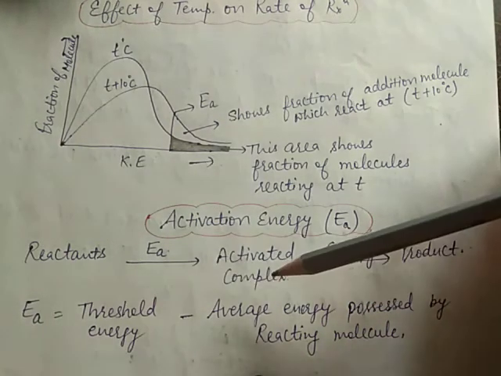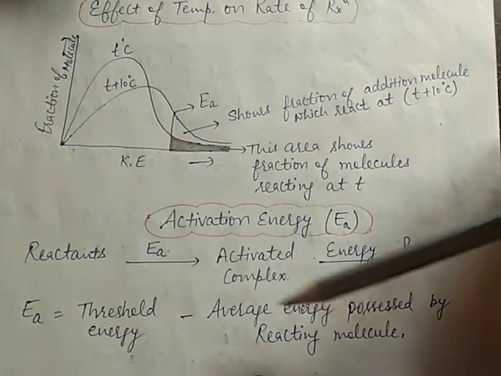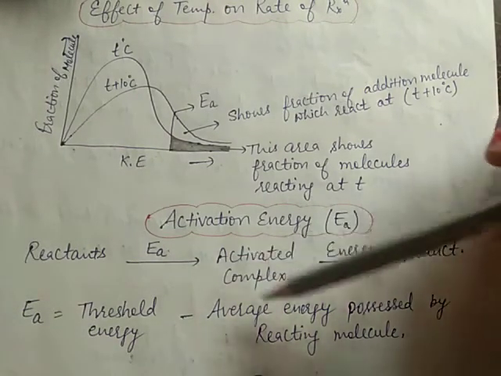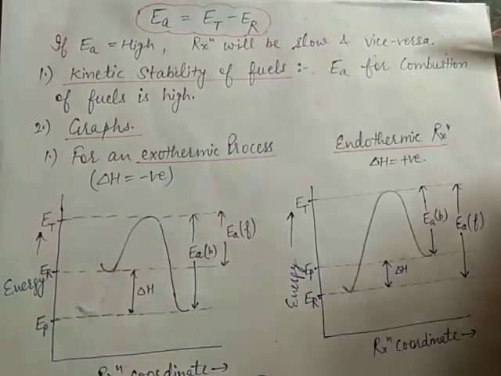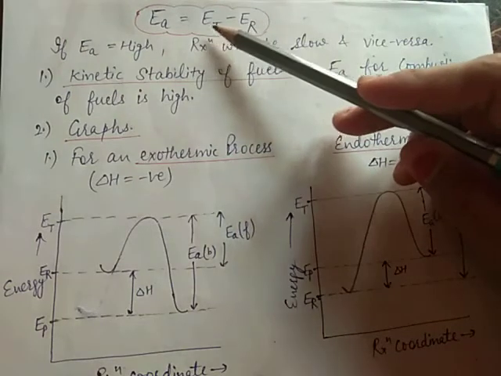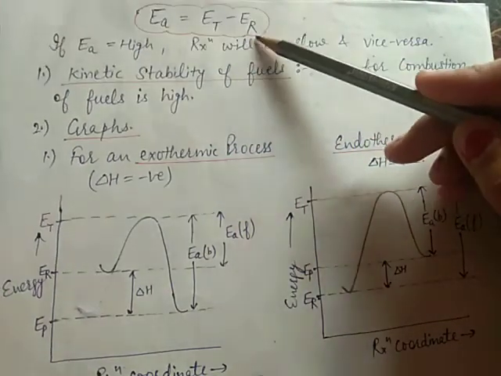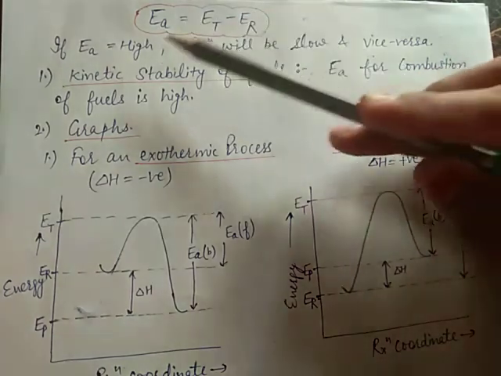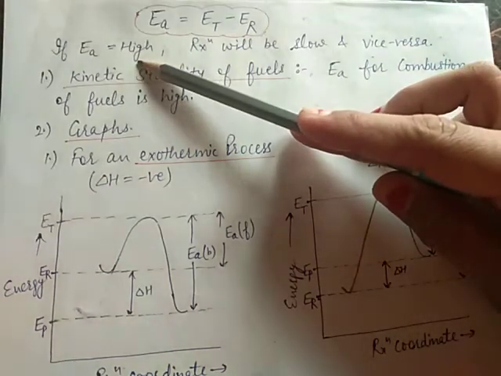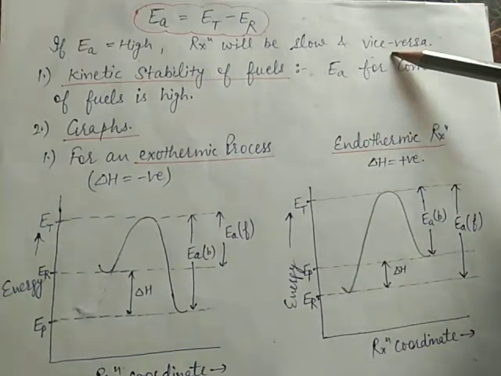So for a fast reaction, activation energy is very low, and for slow reaction, activation energy is very high. So activation energy is equal to ET minus ER. ER is the average energy of reactant. If the value of activation energy is high, then the reaction will be slow and vice versa.